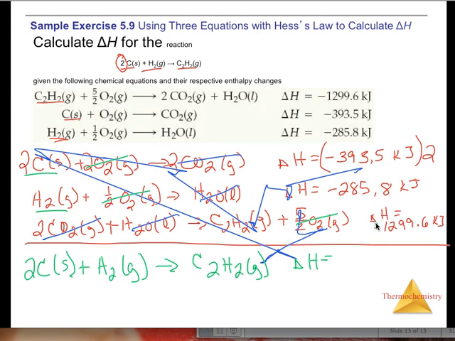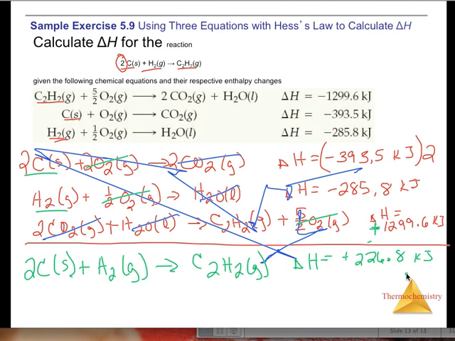So this must become a plus 1299.6. So it would be 2 times a negative 393.5 plus a negative 285.8 plus 1299.6. And that gives me a positive 226.8 kilojoules.